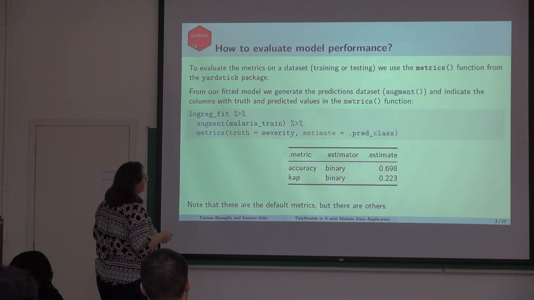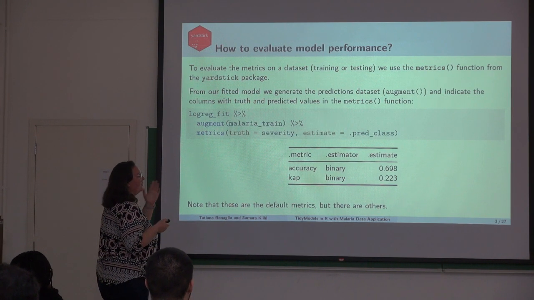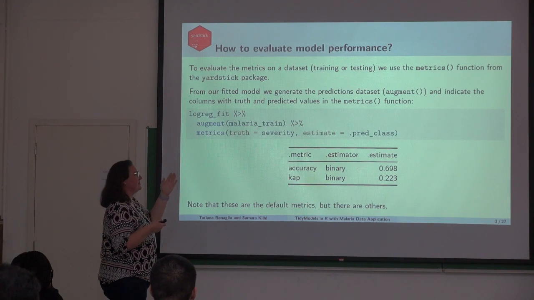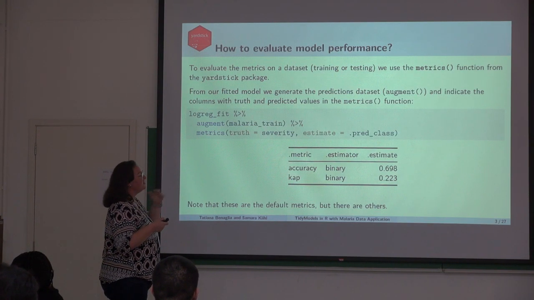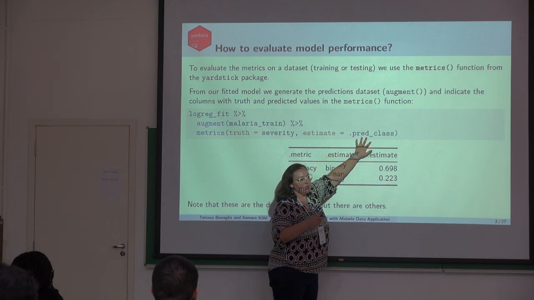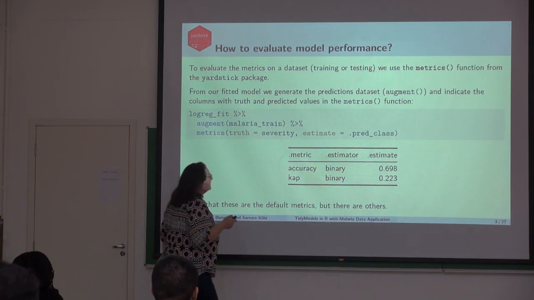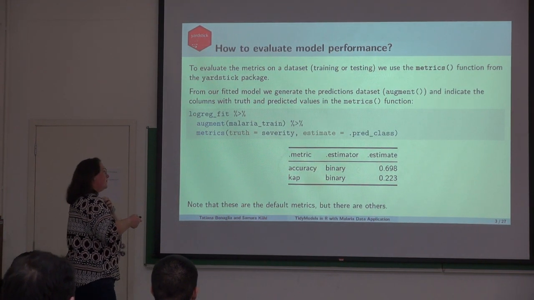I need to indicate where the truth is, which is the severity outcome. And then the estimate: where is the estimate? It's the .pred_class variable. This is always going to be the same; this name is always the same. The only thing we need to change is the outcome, if you have another model.